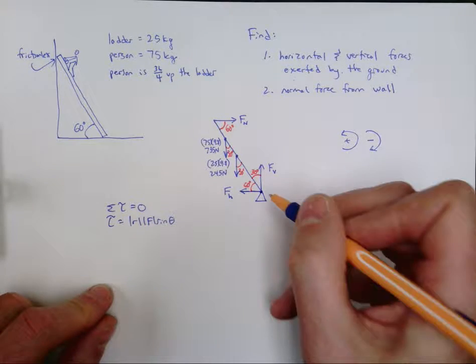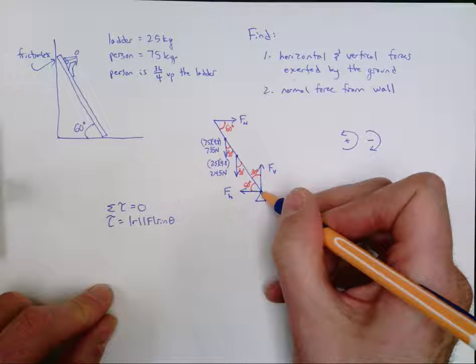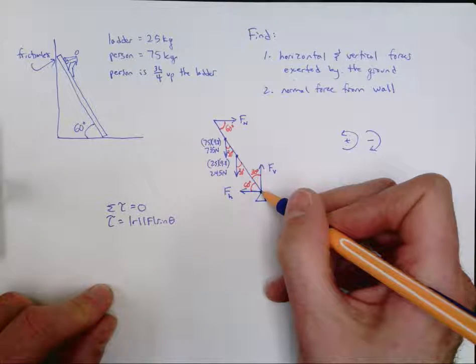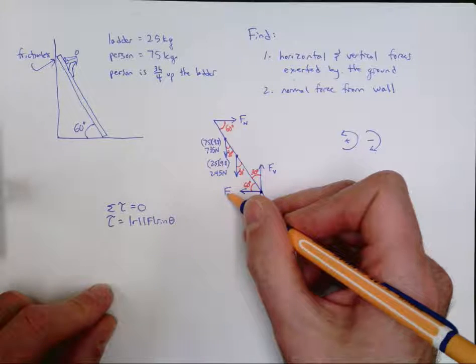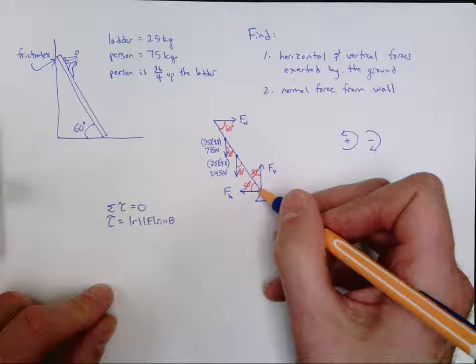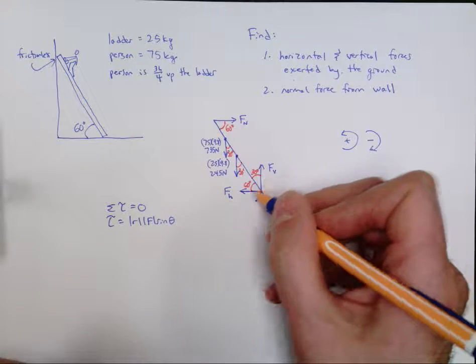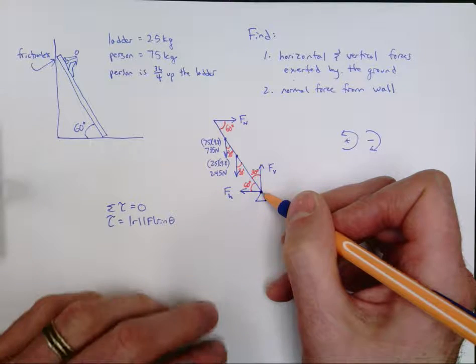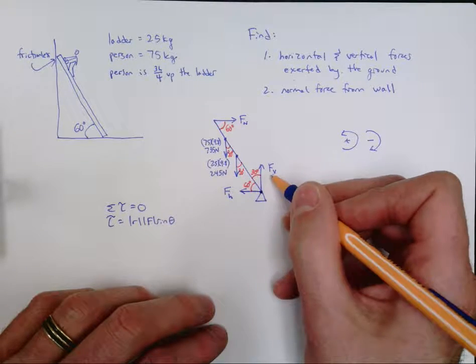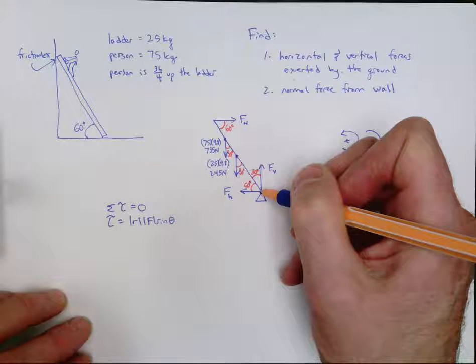R is the distance between the point of rotation and the point where the force is being applied. There is no distance between those 2 points. They're the same point for the horizontal force and the vertical force. So they exert no torque because they have no radius, and that's exactly why we put the fulcrum there, so it would cancel out two unknown variables. So I'm not even going to write that down.